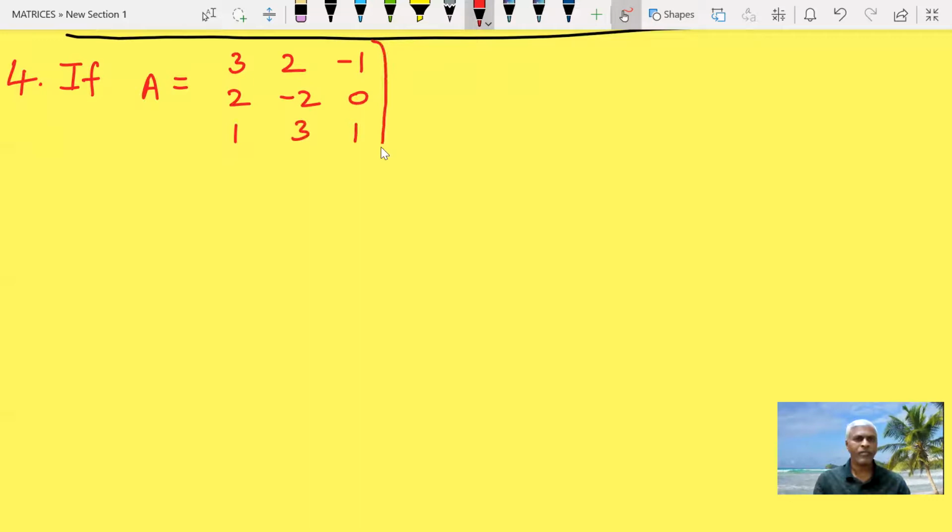So this is a 3 by 3 matrix, 3 rows, 3 columns. Then B is equal to [-3, -1, 0; 2, 1, 3; 4, -1, 2], first row, second row, third row.